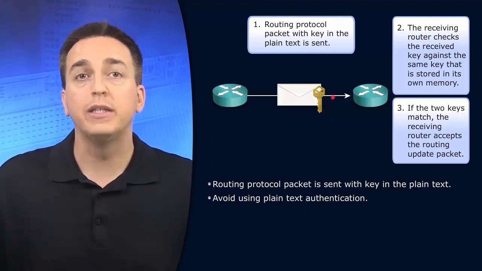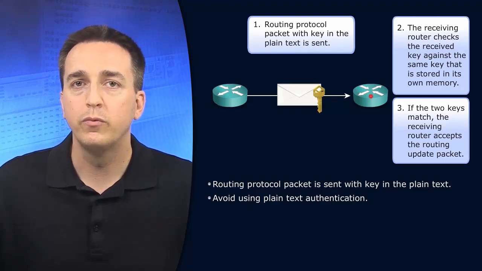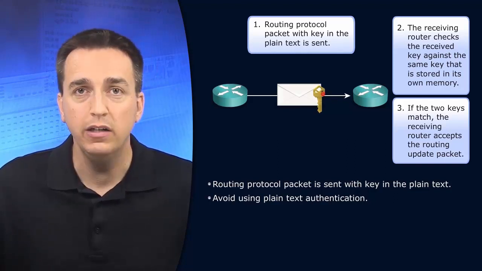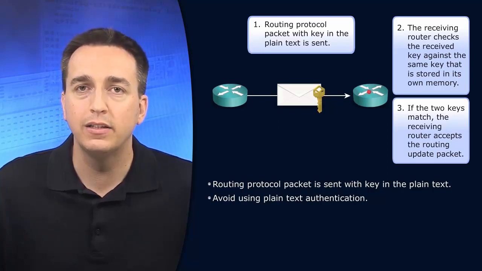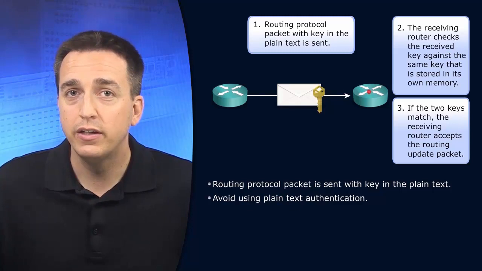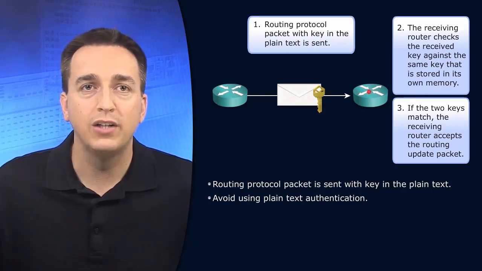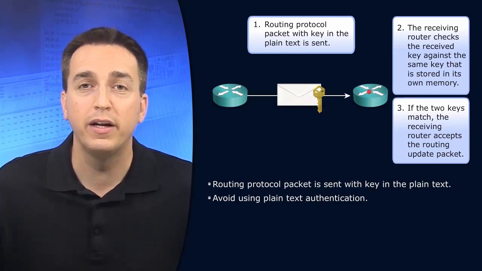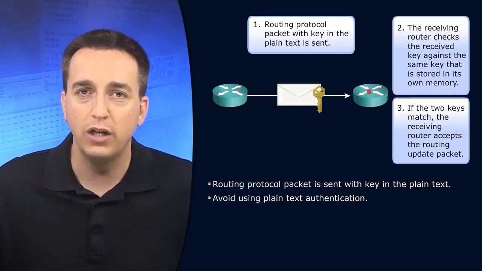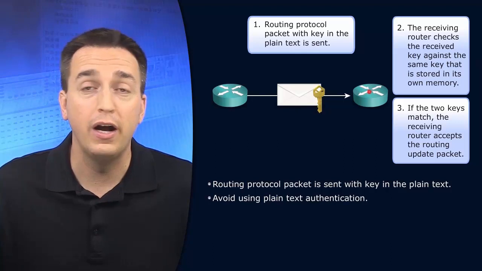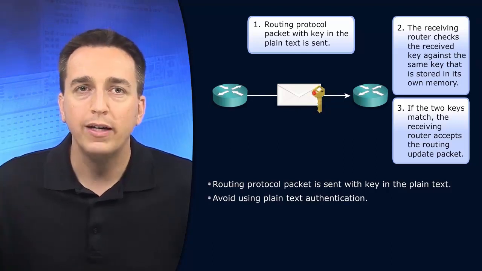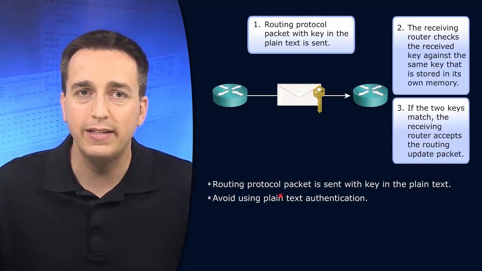So when the receiving router receives it, it checks this key against the key it has configured locally on the router. And if they match, then that means it's authentic, meaning it came from an authentic router that we are able to authenticate with, and as a result, it is a legitimate routing update packet, and we will use it. However, this key is in plain text.